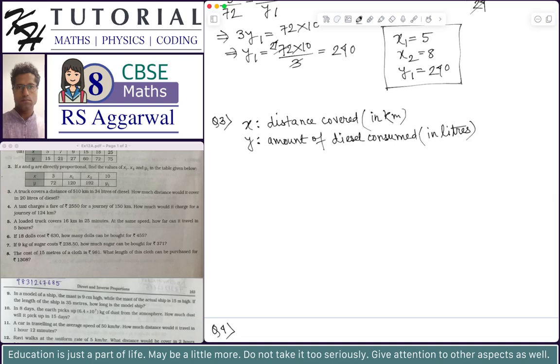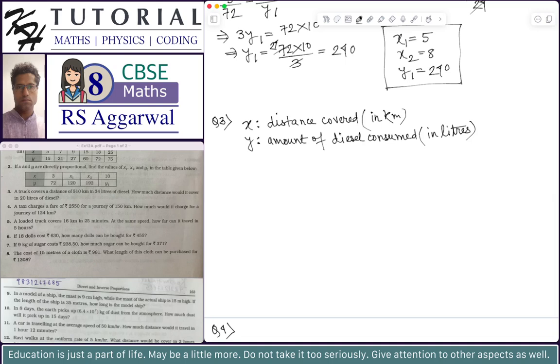Now clearly we can see that if the distance covered is more, definitely more amount of diesel will be consumed. So the quantities x and y are in direct variation. This is true because the mileage of the vehicle is constant. Mileage is distance covered in kilometer in 1 liter of petrol.